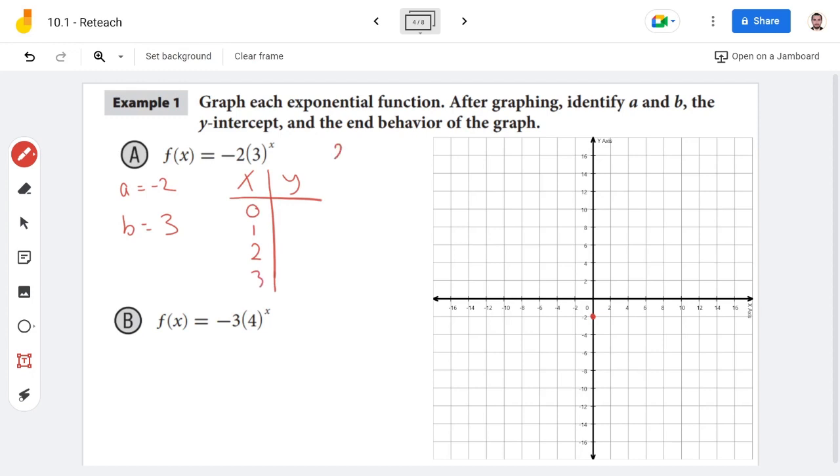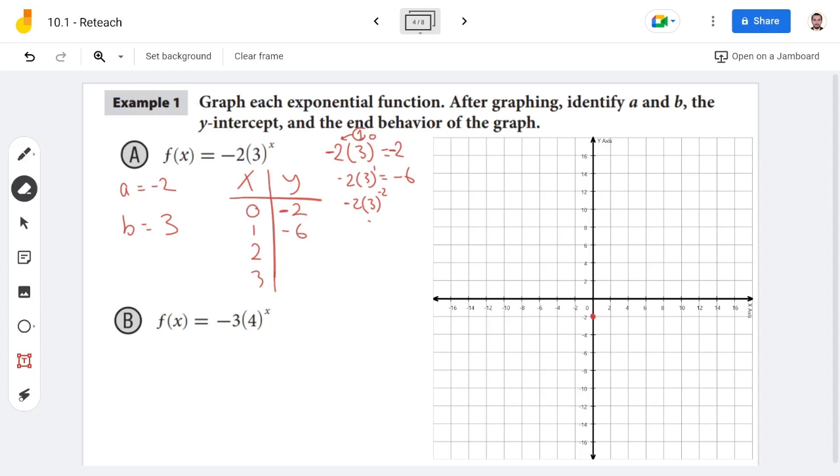So now if I replace x with 0, 3 to the power of 0 is 1. So 1 times 2 is equal to 2. Sorry, negative. This is -2. So this one should be negative. Then we have -2 times 3 to the power of 1, which is equal to -6. Now, -2 times 3 to the power of 2, sorry, positive.